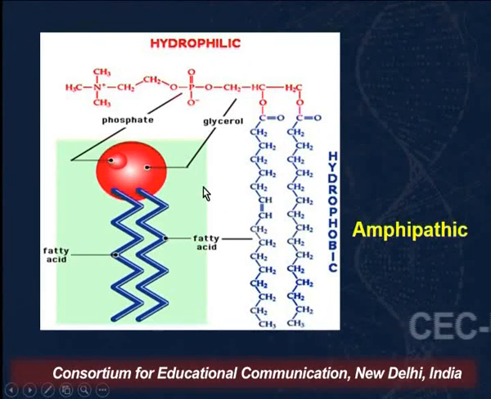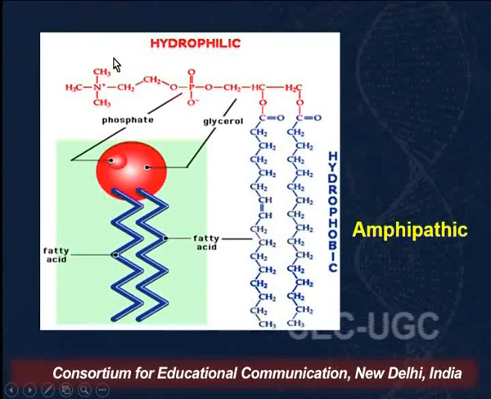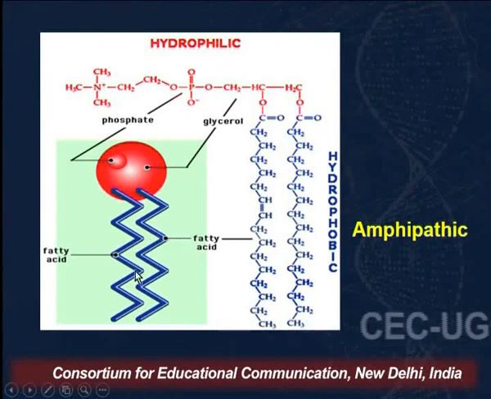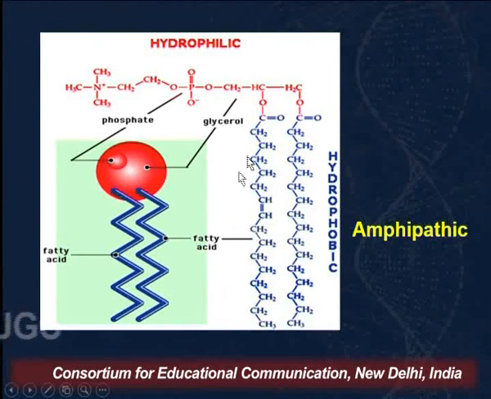When we look at this molecule very carefully, we find that the phosphate part of the molecule forms the head. It is polar in nature because of the presence of the phosphate group, the nitrogenous base, and the glycerol backbone. This part is polar and hydrophilic. Whereas the long chain of the fatty acid is made up of hydrocarbons, and we know that hydrocarbons are non-polar in nature.